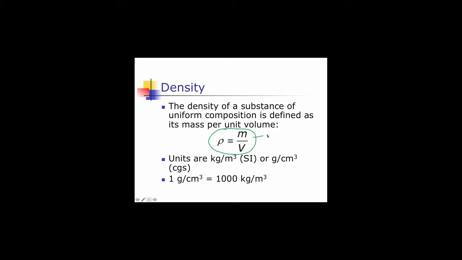So M is mass in kilograms, and V is volume, and volume has to be in cubic meters, and that will give us a density in kilograms per cubic meter.